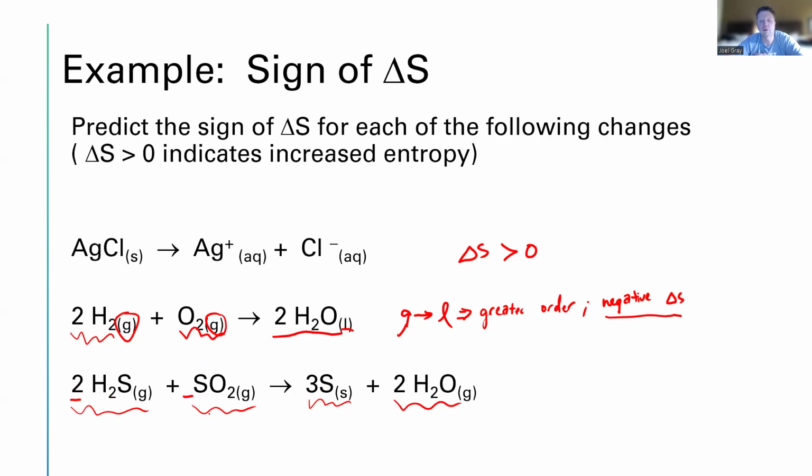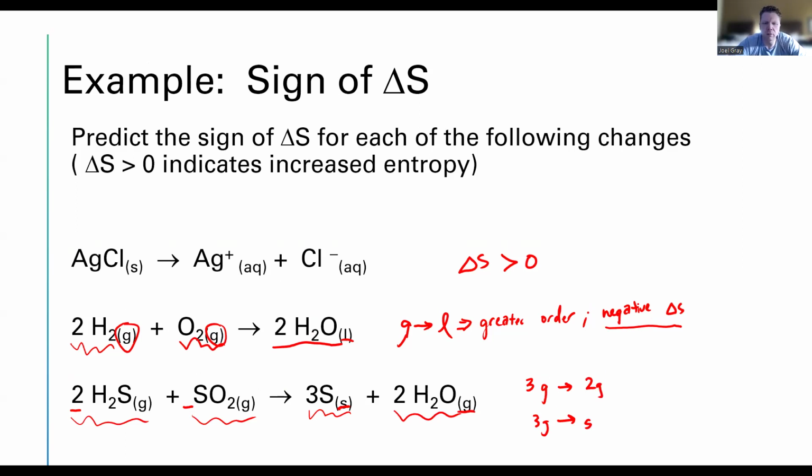We got 3 moles of a gas going to 3 moles of a solid and 2 moles of a gas. So 3 gas to arguably 2 gas. Well, also you got 3 gas to a solid. So our starting point was definitely a disordered system.